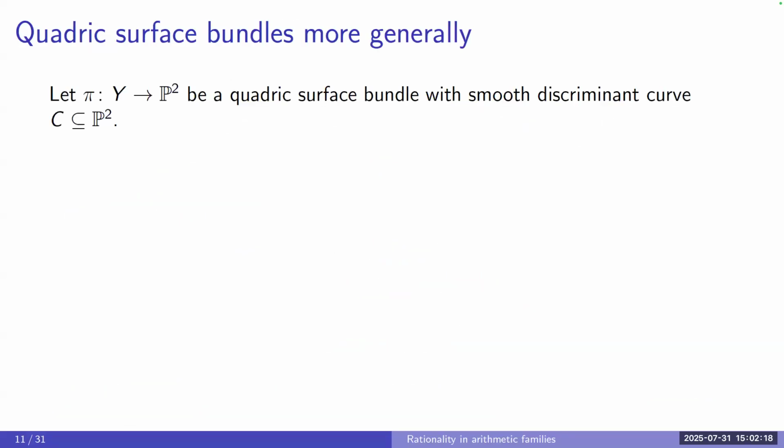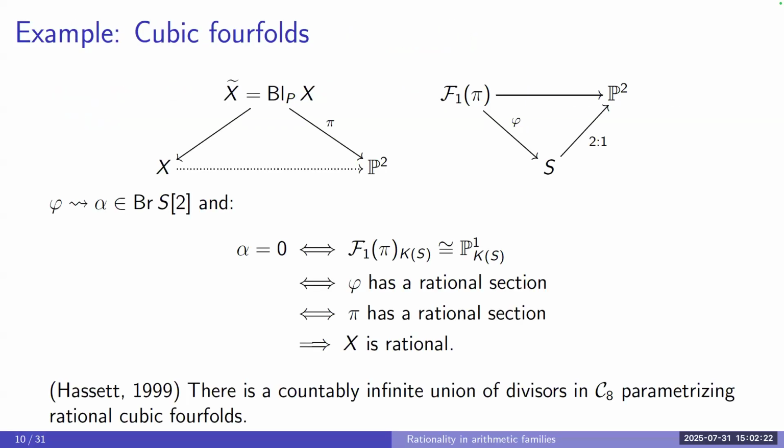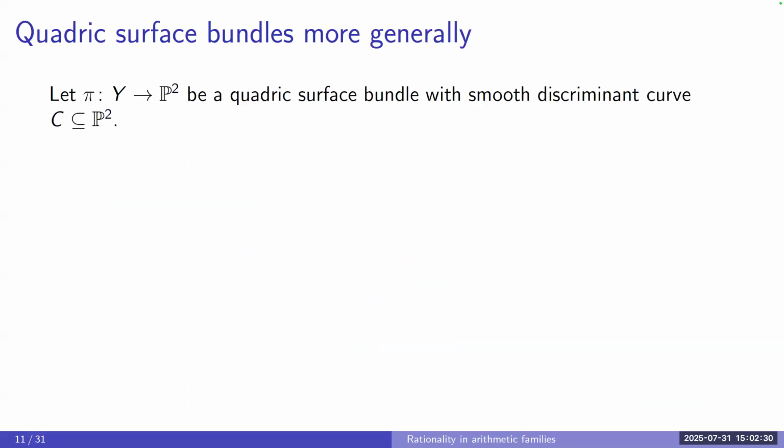Okay, so let me summarize what I just said, and maybe the main point I want to make is that all of this machinery really came from this quadric surface bundle, right? So I didn't need to start with a cubic fourfold. Really, I needed to start with a quadric surface bundle. Okay, so if I take a quadric surface bundle over P2, it has some smooth discriminant curve where the quadrics drop rank.